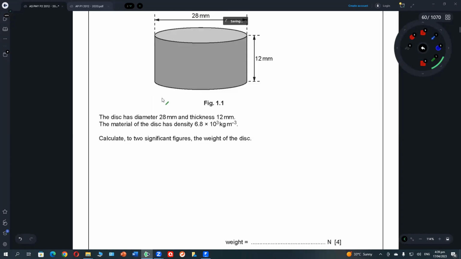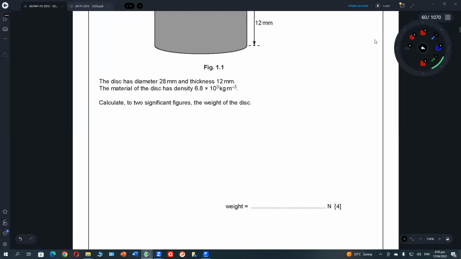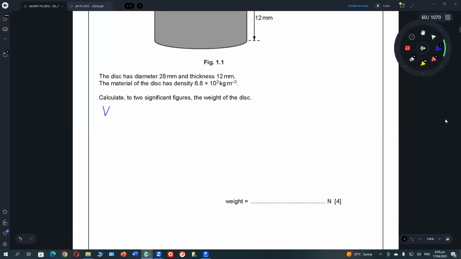And we know the formula of volume of a cylinder. We should first try to find the volume. This is the formula. Volume is equal to pi r square h.